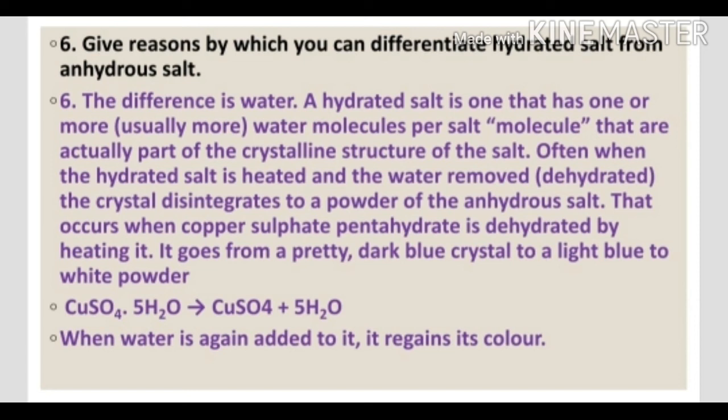When it is dehydrated by heating, it goes from a dark blue crystal to light blue to white powder, and the water of crystallization gives copper sulfate its crystalline form and blue color. The reaction is CuSO4·5H2O, that is hydrated copper sulfate. When it is heated, it loses its water and becomes anhydrous copper sulfate, CuSO4, and 5H2O. When water is again added to it, it regains its blue color.